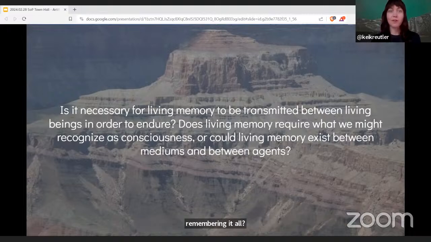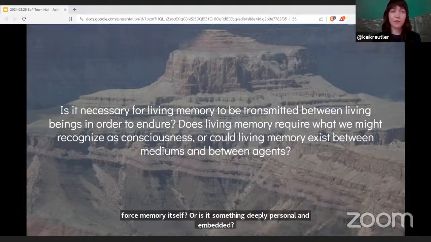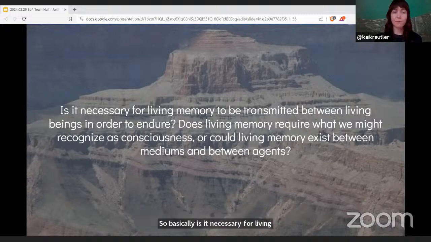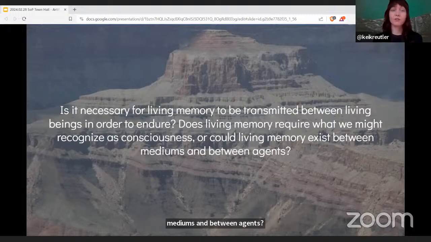Is memory itself a type of unconscious and impersonal historical force, or is it something deeply personal and embedded? Basically, is it necessary for living memory to be transmitted between living beings in order to endure? Does living memory require what we might recognize as consciousness, or could living memory exist between mediums and between agents? And if we abandon the long-standing distinction between the natural and the artificial, where are we left?